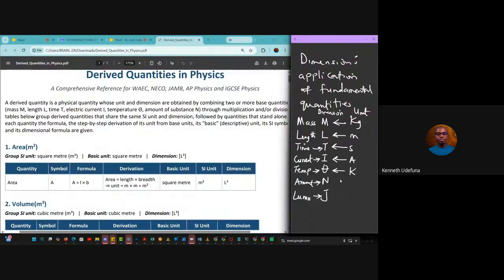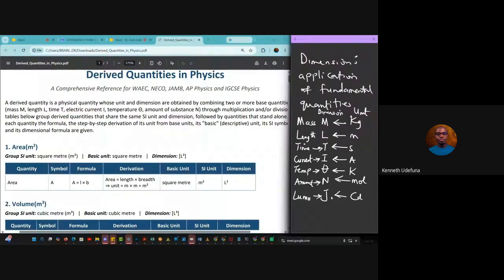If you see mole, the dimension becomes capital N. If you see candela, CD, the dimension becomes capital J.